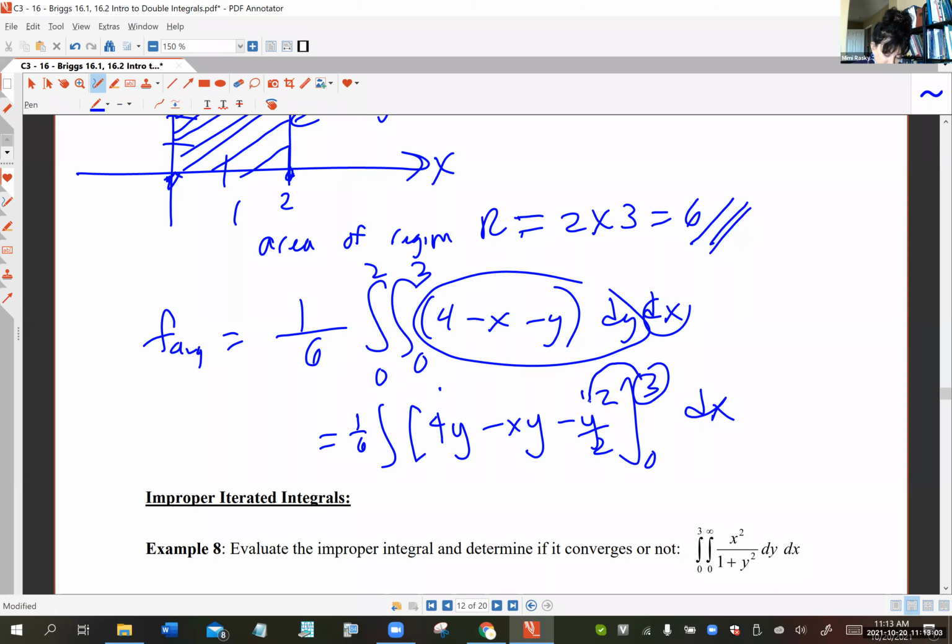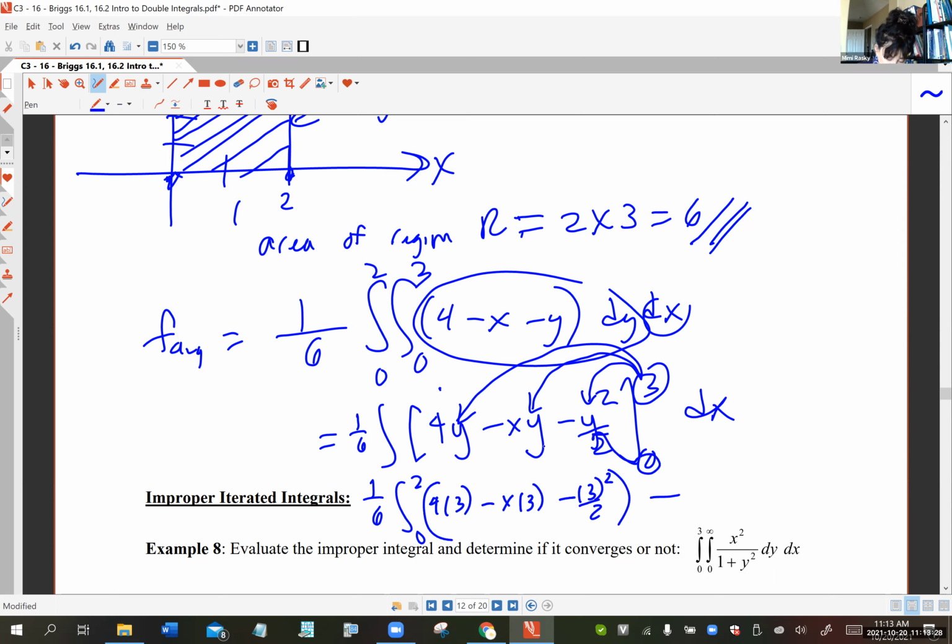Because I just integrated with respect to y, that means I substitute that limit into the y only. Don't substitute it into all the other variables, or you'll end up with a hot mess. So I'm going to go 4 times 3 minus x times 3 minus 3 squared over 2. And then minus, I'm going to put 0 everywhere there's a y, but I'll just end up with a bunch of zeros, and that's just a big old 0.